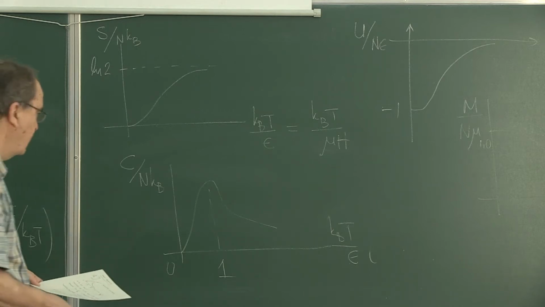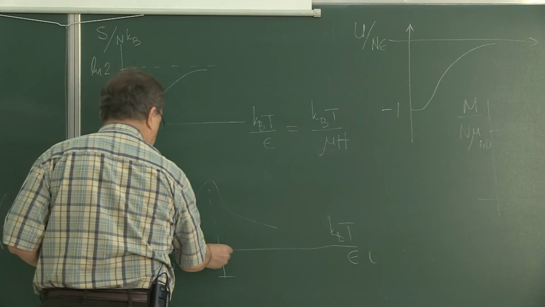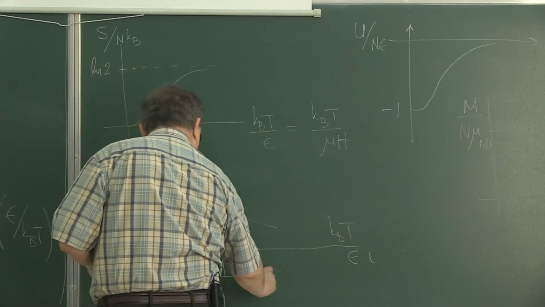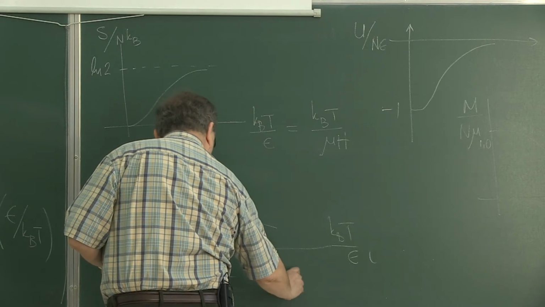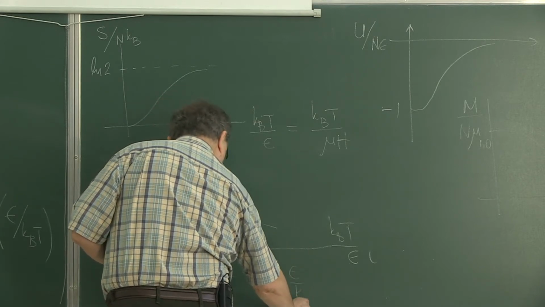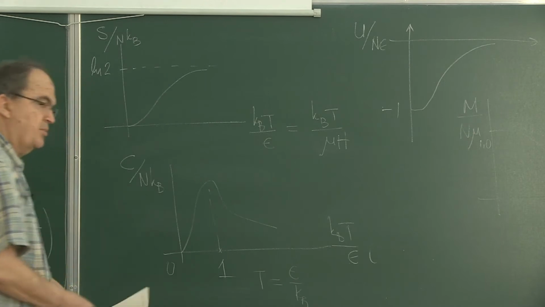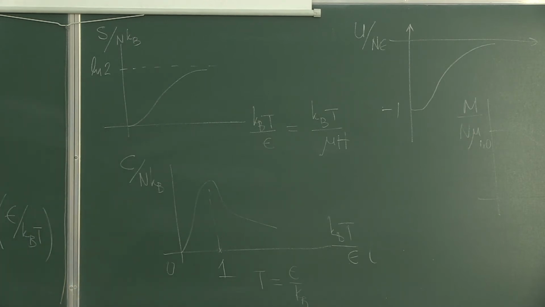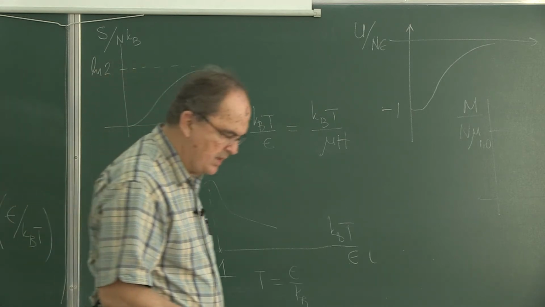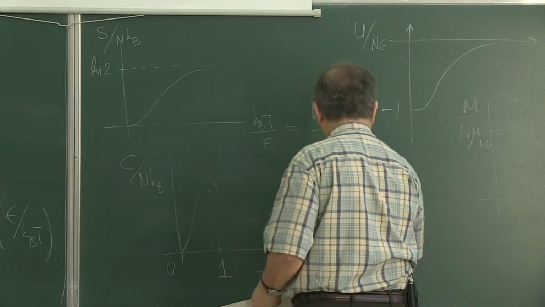There's a maximum at temperatures corresponding to E over kB. It displays a maximum at that temperature. This is known as the Schottky anomaly. You always have this type of heat capacity if the system has an excitation gap. Okay?